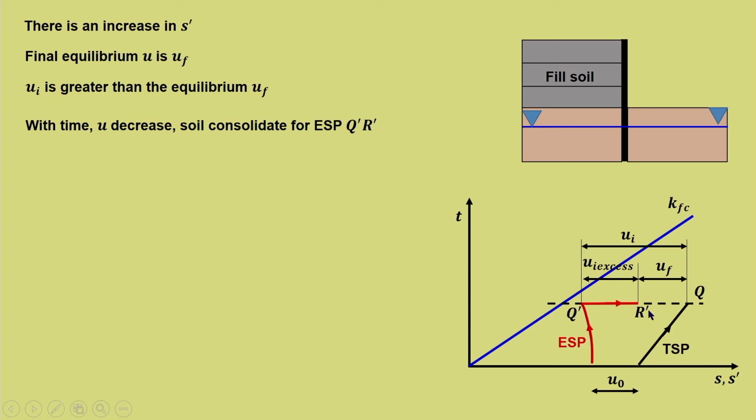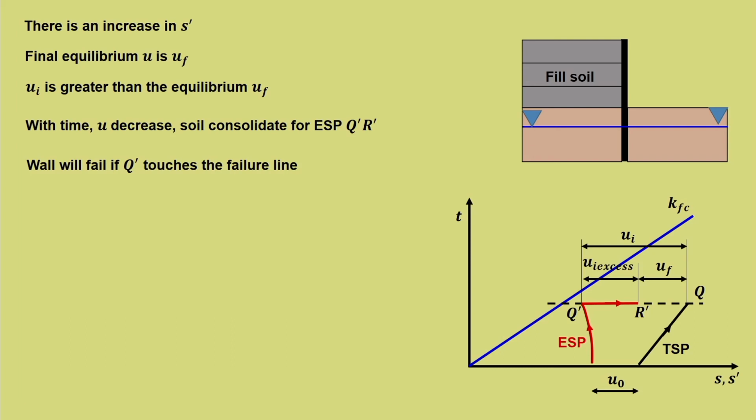So, from Q dash to R dash, definitely the soil will undergo consolidation under the load of the fill soil. The wall will fail if Q dash touches the failure line. So, definitely in this particular case where we have backfilling, we know that the soil will fail only when it is under undrained condition, that is, immediately after the construction.